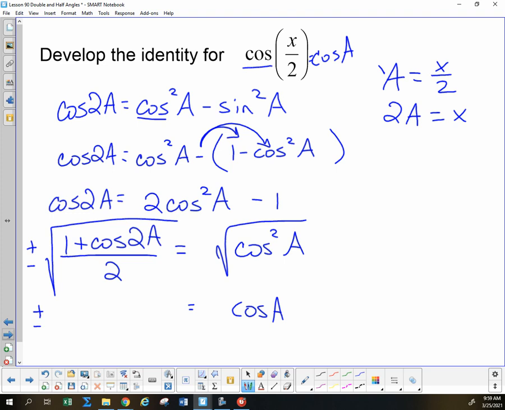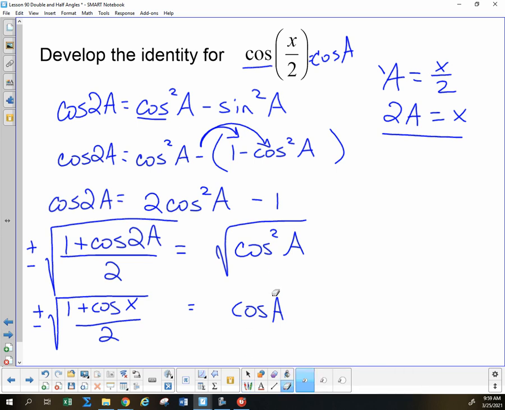So that means plus or minus the square root of 1 plus the cosine of 2a is just x over 2, and that equals the cosine of a, but a is what I want. It is x over 2.